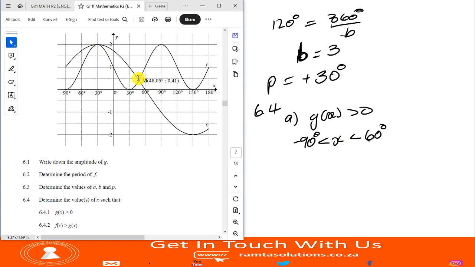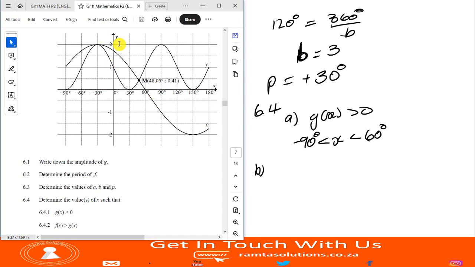Perfect. Number B, they say f of x is greater or equal to g of x. What it means is that these two graphs are equal, and if they are not equal, f of x is above g of x. Wherever you see f of x is greater or equal to, look for intersections.